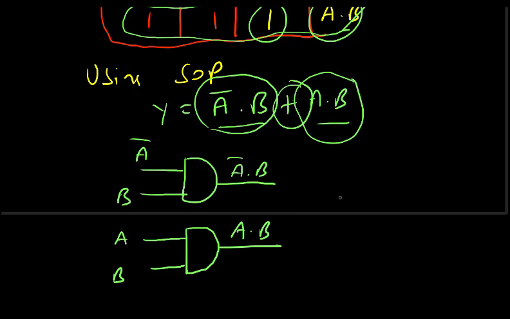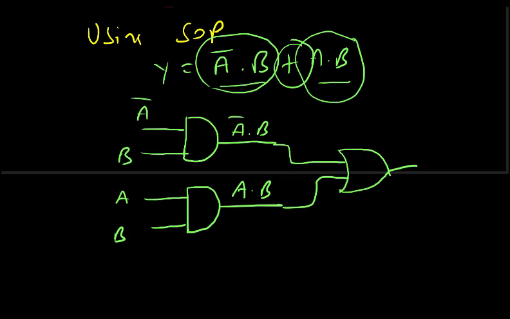For summation we require an OR gate. So I draw an OR gate here, and these go into it. Therefore we call it AND OR, because here we have AND gates and here we have OR.